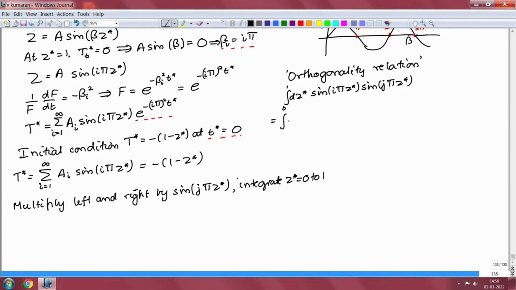This is equal to the integral dz star between 0 to 1, and using the product rule, this is equal to half, this is an identity, of cos of i minus j pi z star minus cos of i plus j pi z.